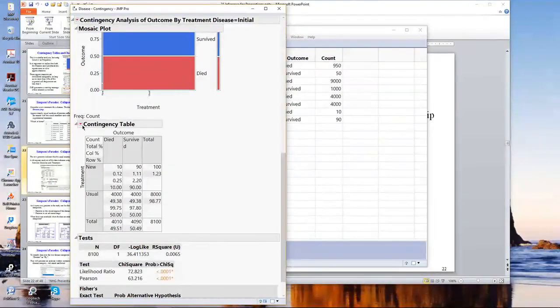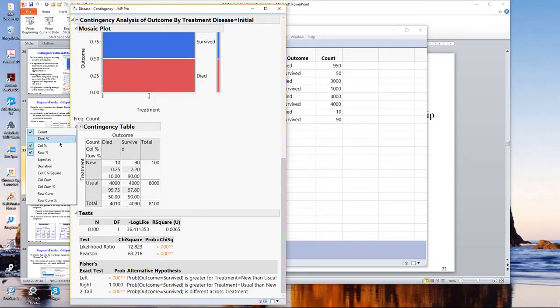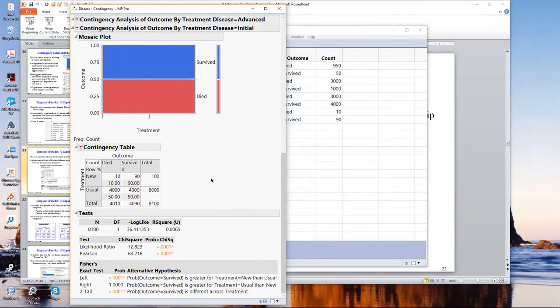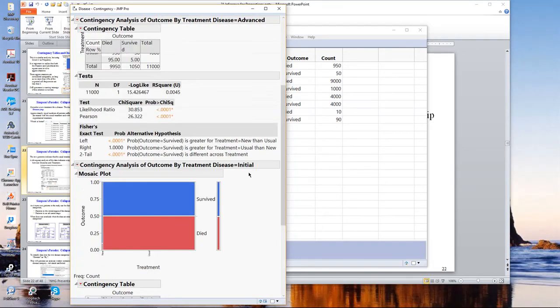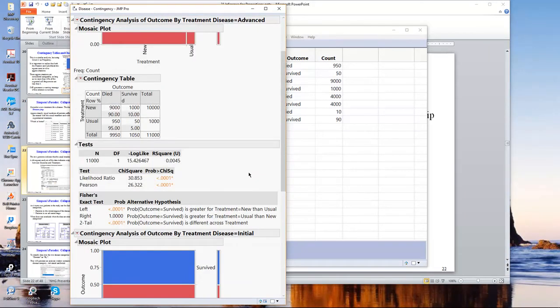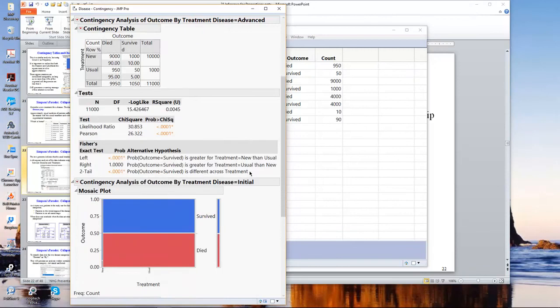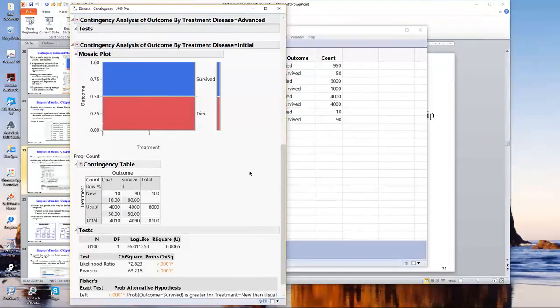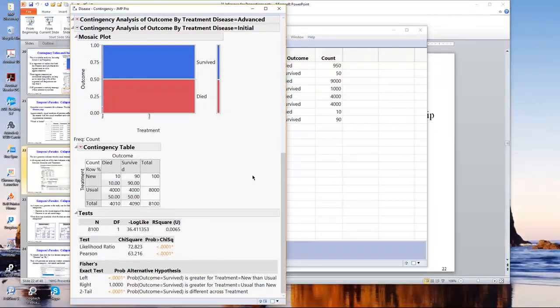Again, I'll simplify the contingency table so it's easier to read. Notice in the initial stage, only 100. Notice the imbalance. This is actually very poor as a study design. So we had 10,000 getting the new treatment that are advanced and only 1,000, or 100 rather, getting the usual.